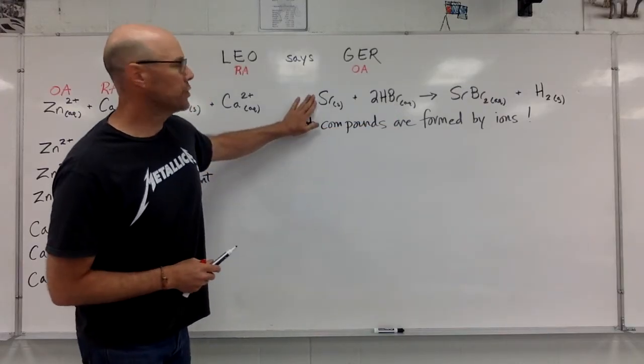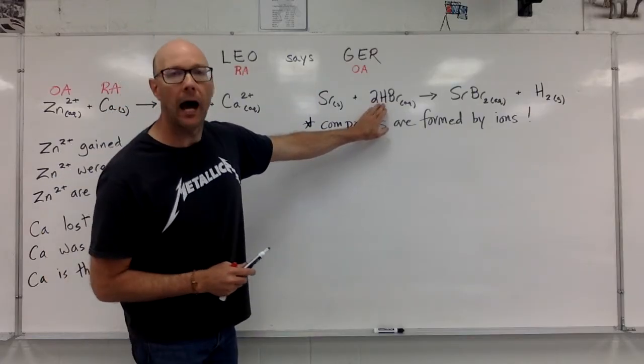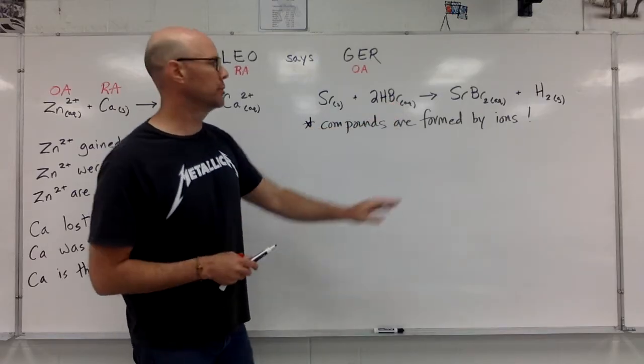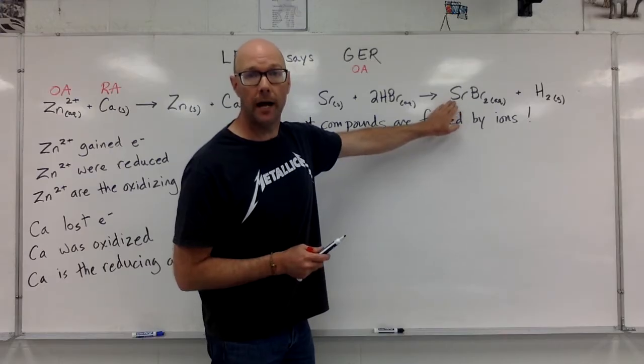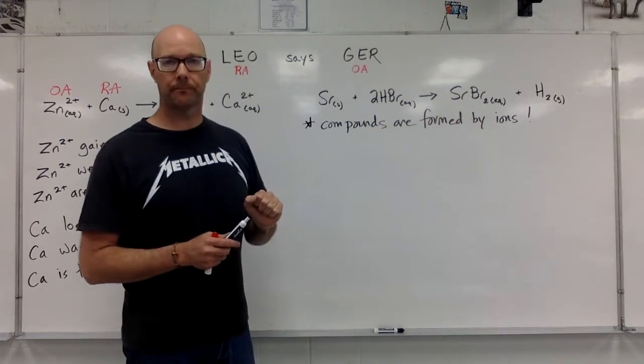So I have solid strontium atoms reacting with hydrogen ions and bromide ions to produce strontium bromide, which is aqueous strontium ions and bromide ions, and hydrogen gas.